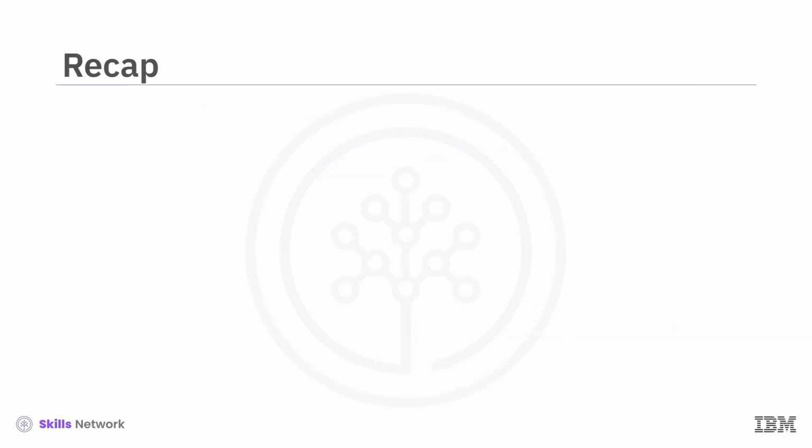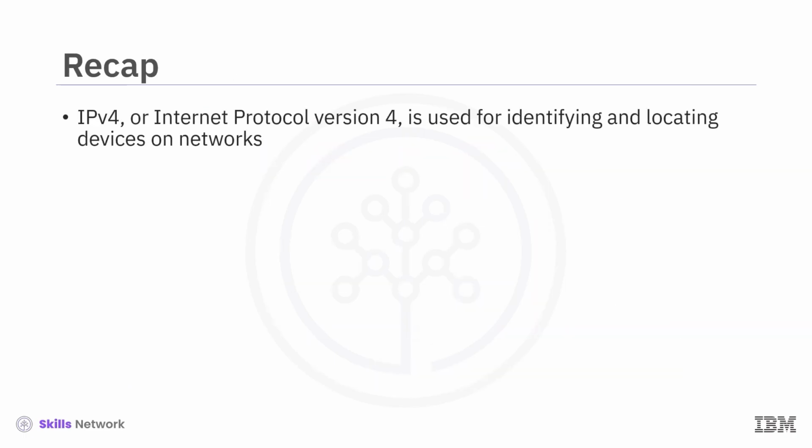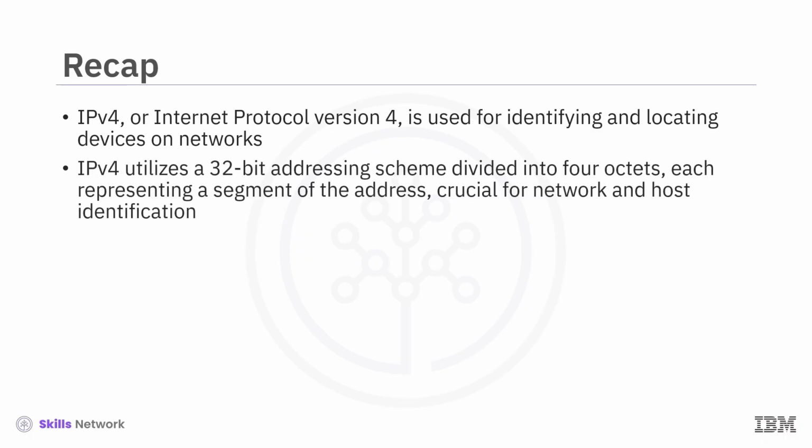In this video, you learn that IPv4, or Internet Protocol version 4, is the foundational protocol used for identifying and locating devices on networks since its introduction in 1983. It utilizes a 32-bit addressing scheme divided into 4 octets, each representing a segment of the address, crucial for network and host identification.